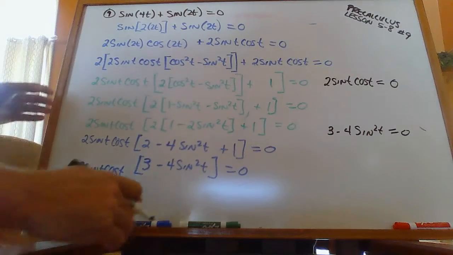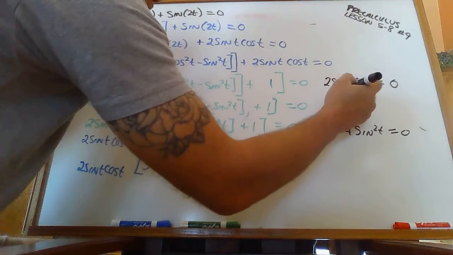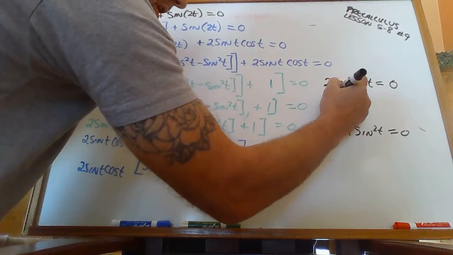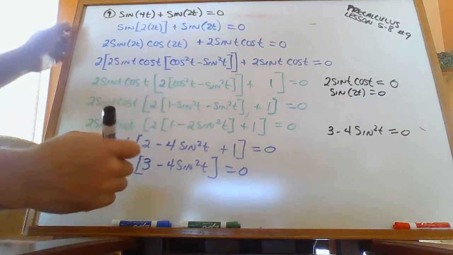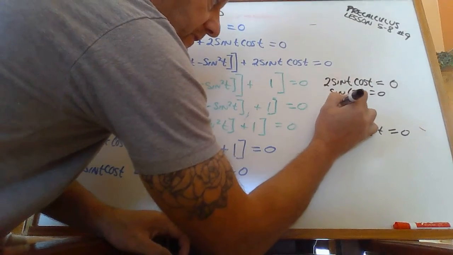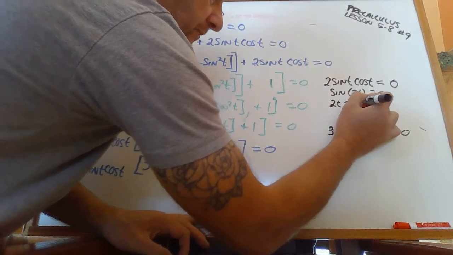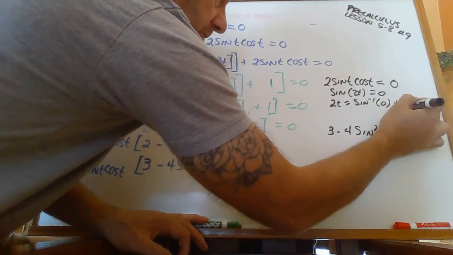Okay, now I can solve both of these independently. So this one here, I'm going to change this back. This is the double sine formula. This is sine 2t equals 0. And so then I arc sine 0, and I get t equals 0 plus 2 pi k.